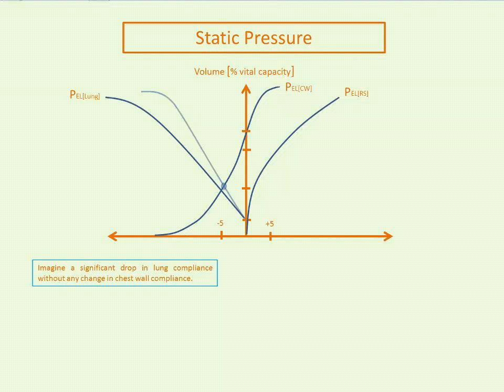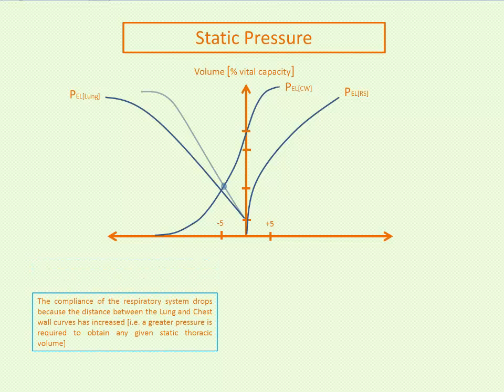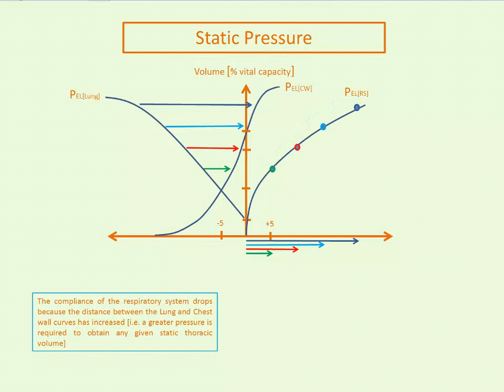So imagine a drop in the pulmonary elastance, you name it, ARDS, really bad alveolar edema. The pulmonary elastance curve shifts down and to the left. So what does that do to the distance between the passive pulmonary and chest wall elastance curves? Well, it's increased the distance. And as we know, this will decrease the compliance of the respiratory system. So now you have a plateau pressure of, say, this. So this is your plateau pressure or your alveolar pressure.